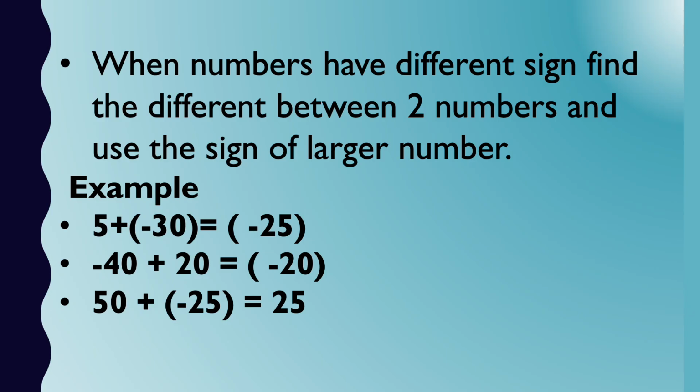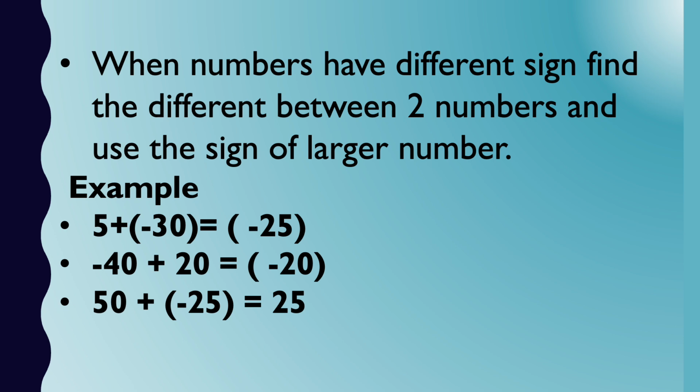When numbers have different signs, find the difference. So we found the difference. What is the second step? Use the sign of the larger number. So what is the larger number in this example? The larger number is 30. What is the sign of the larger number?